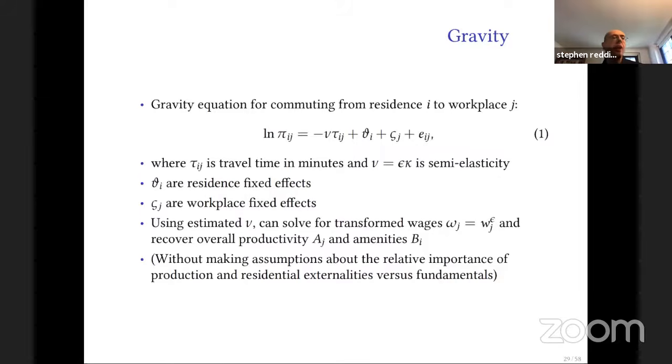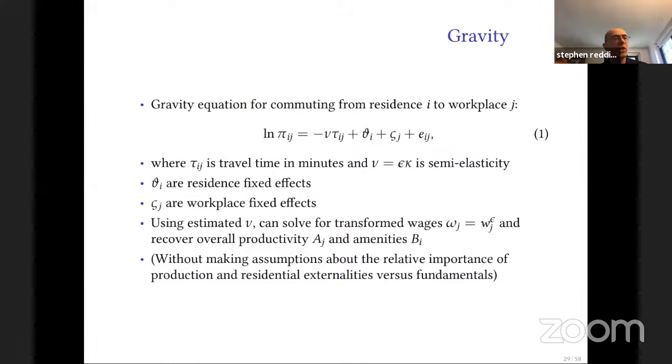The model implies that the gravity equation for commuting holds at the block level, but in the modern 2000s commuting data, we only see those commuting flows between the districts of Berlin. So there's going to be a Jensen's inequality style correction term, because if gravity holds exactly at the block level, you think it couldn't also hold exactly at the district level because of Jensen's inequality.